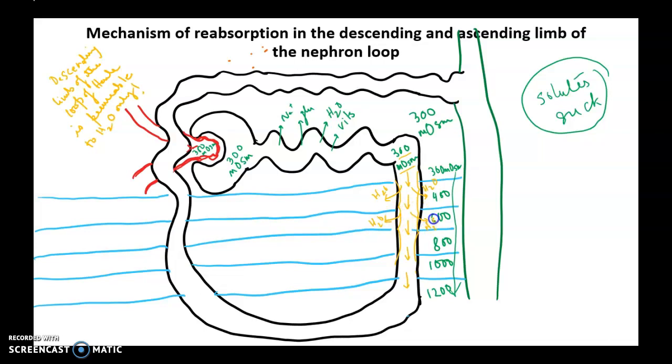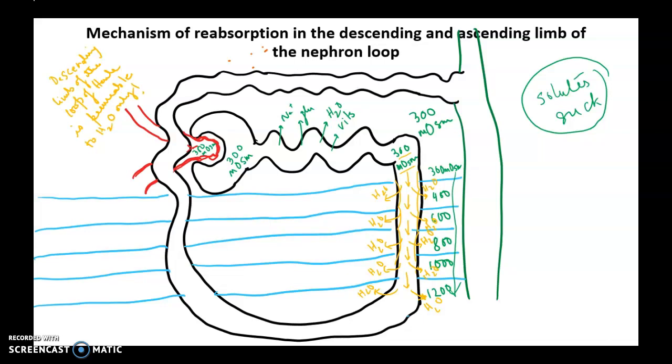Class, I want you to think about this. The fluid comes down and water is leaving. The solutes that are in the interstitial space are sucking out water. So water is leaving the descending limb of the loop of Henle. As water leaves, what will happen to the concentration of the filtrate?